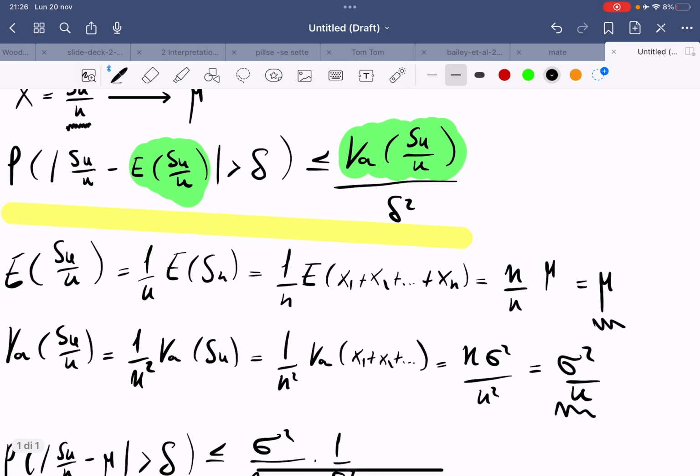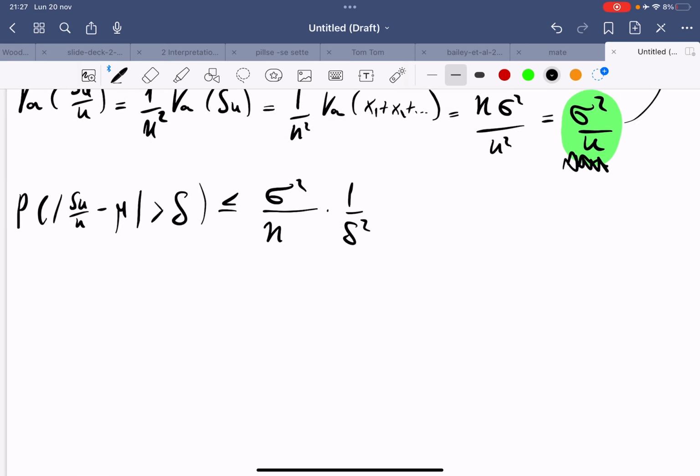So we took this variance here and we put it in this place.